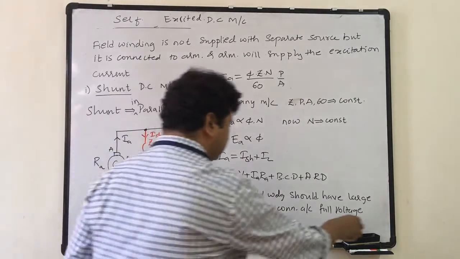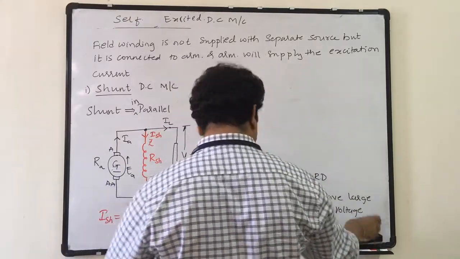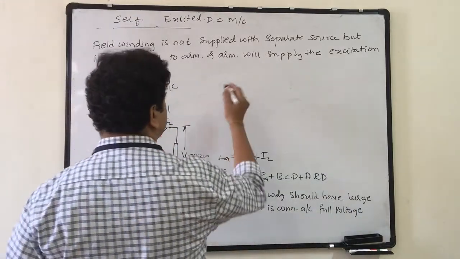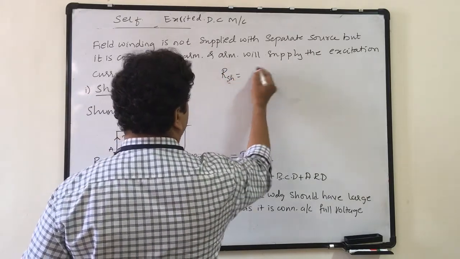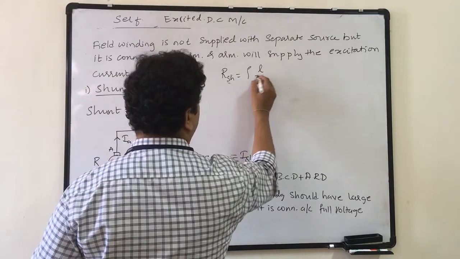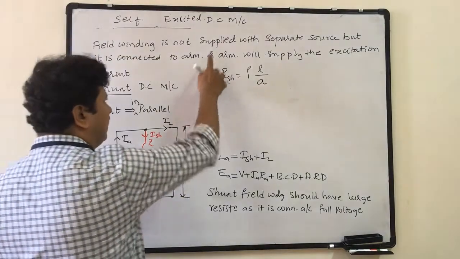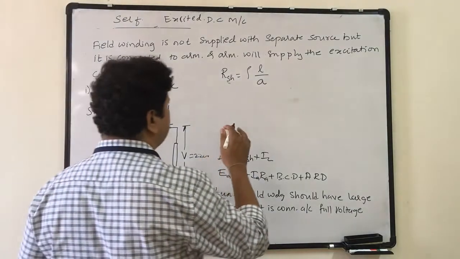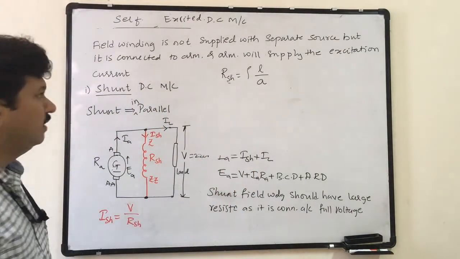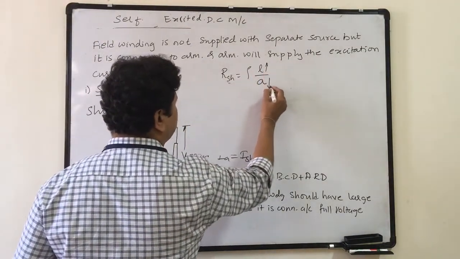To do this, we know the dimensional equation of resistance: RSH equals rho L by A. If I want RSH to be large in a machine, where 200 or 220 ohms is a very large resistance for a machine, then my length should be more and the area should be less.